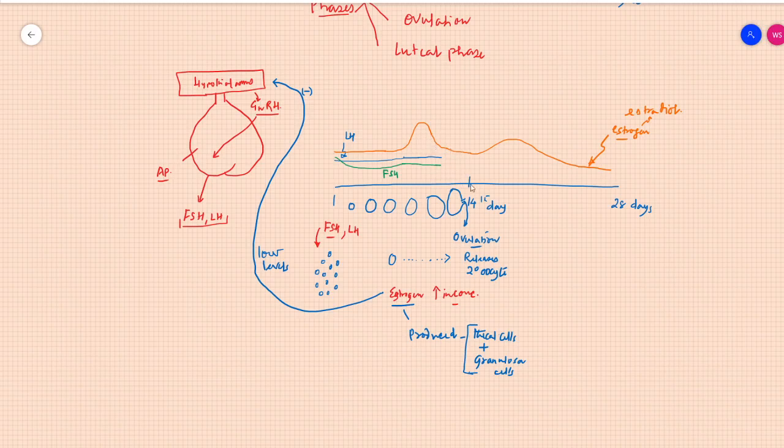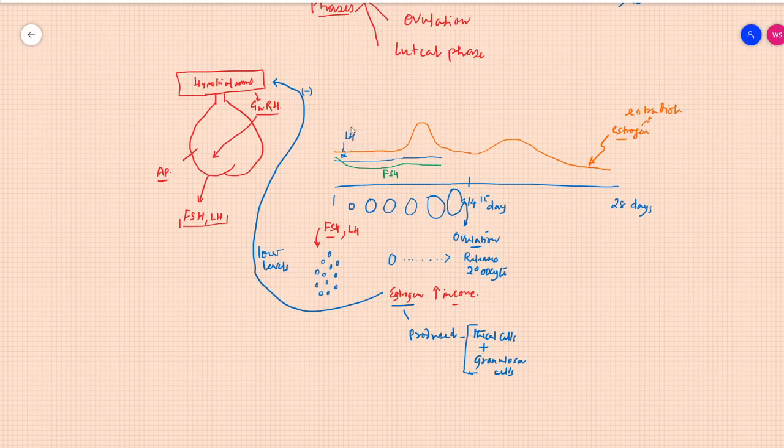So that is the level of estrogen. Now this estrogen has certain functions. The LH will act on the granulosa cells and increase the conversion of the steroids to estrogen. So that is why again there is an increase in estrogen. Estrogen increases due to the increased production by the granulosa cells because the number is increasing.